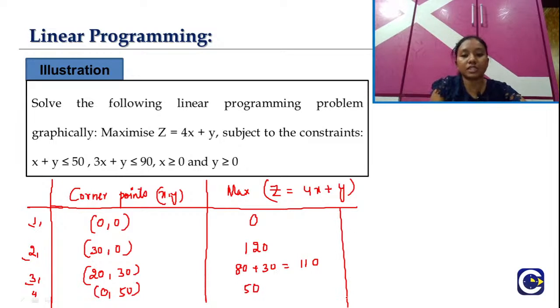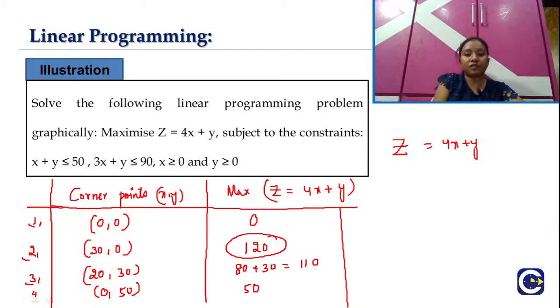So amongst all these, what is the maximum value? Here we are trying to figure out the maximum value but not the minimum. So the maximum value here is 120. Right. So by solving this, the maximum value of this objective function z = 4x + y is equal to 120.